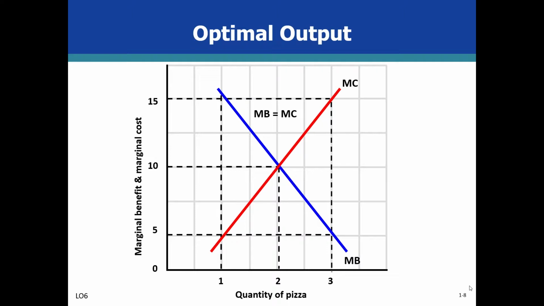Likewise, the marginal benefit from consuming more pizzas is downward sloping. Consuming that next pizza does not yield the same benefit as the previous pizza consumed.